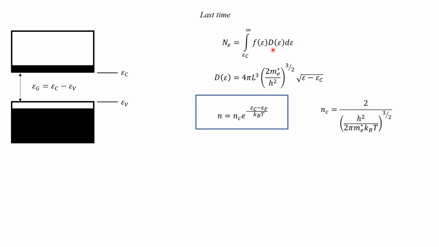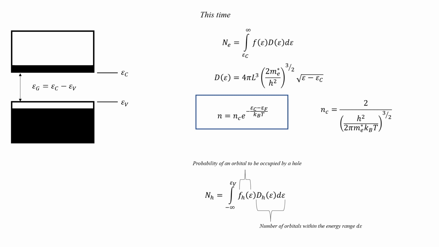So we take this number of orbitals and multiply it by the probability of each orbital to be occupied. So this entire product gives the number of occupied orbitals within this energy range. In other words, it gives the number of free electrons within this energy range. So all we need to do to obtain the total number of free electrons is to integrate over all energies of the conduction band. Then we divide by the volume and get the concentration of free electrons.